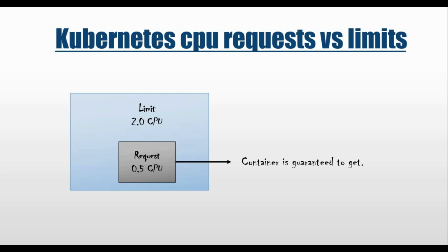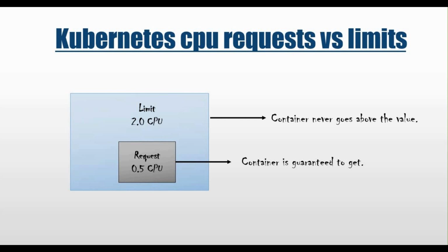There is one more terminology called limit. What this limit says is, for example, you're setting the CPU as 2. It means that even though this container is guaranteed to get 0.5 CPU, it can go up to a limit of 2 CPUs. It can never go beyond that.